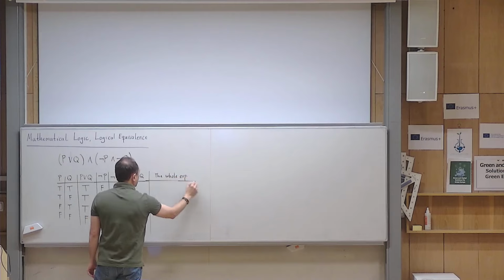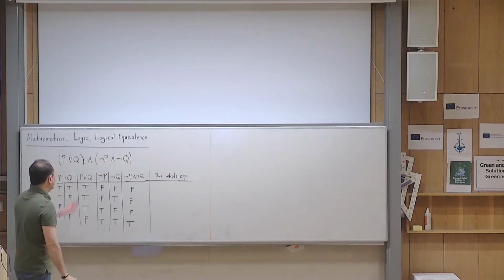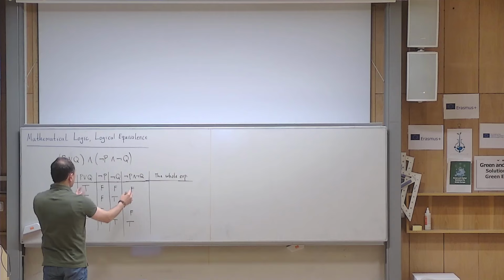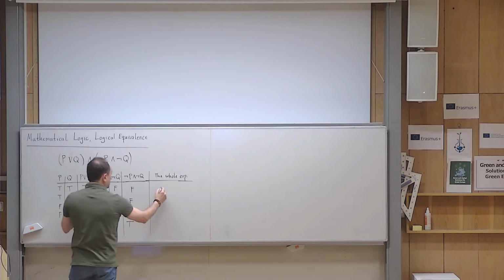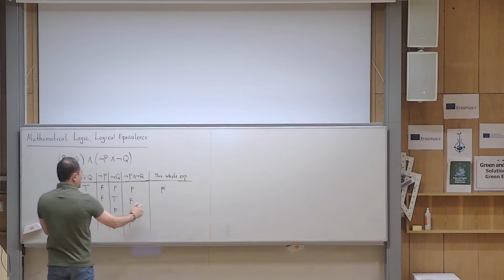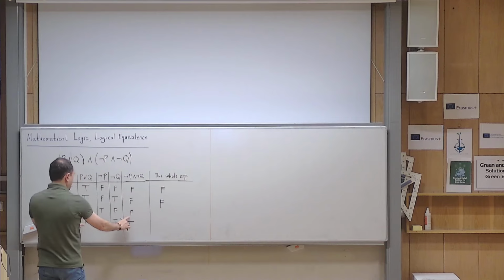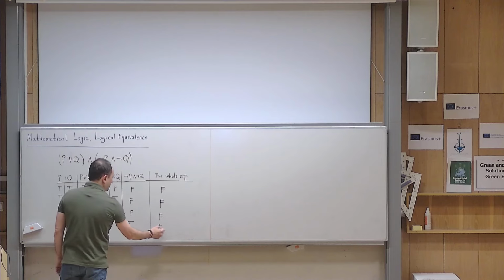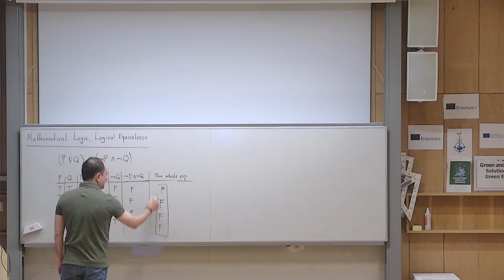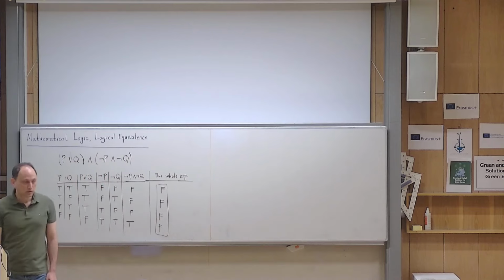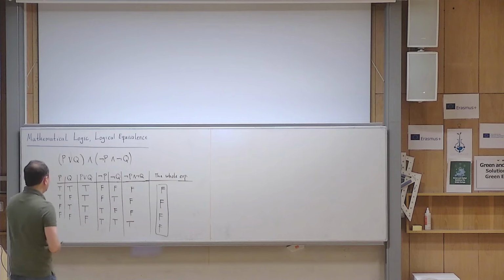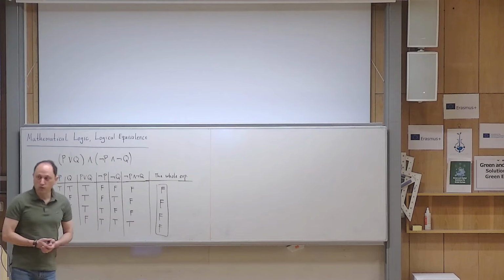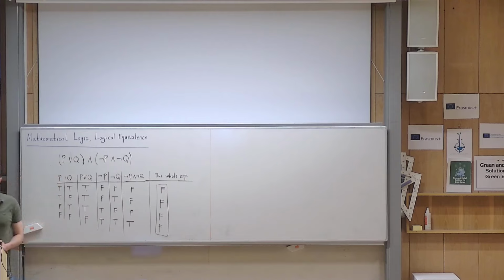So what is that? I need to have the conjunction between this column and that column. So T and F is F, T and F is again F, T and F is again F, F and T is again F. And you see that the last column consists of only F's. So this means that this compound proposition is a contradiction because it is always false.